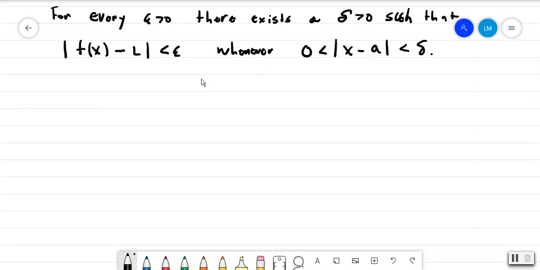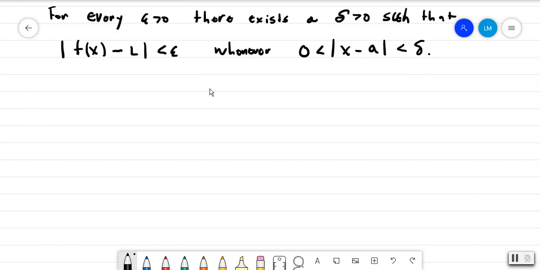So let's try to digest this, because it's a lot better to see it with a real number. Let's say you have the limit as x approaches 2 of 2x plus 4.